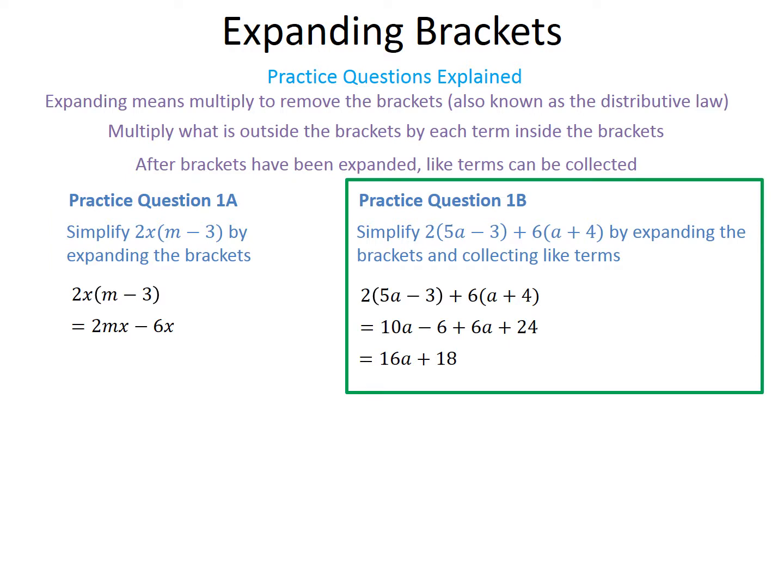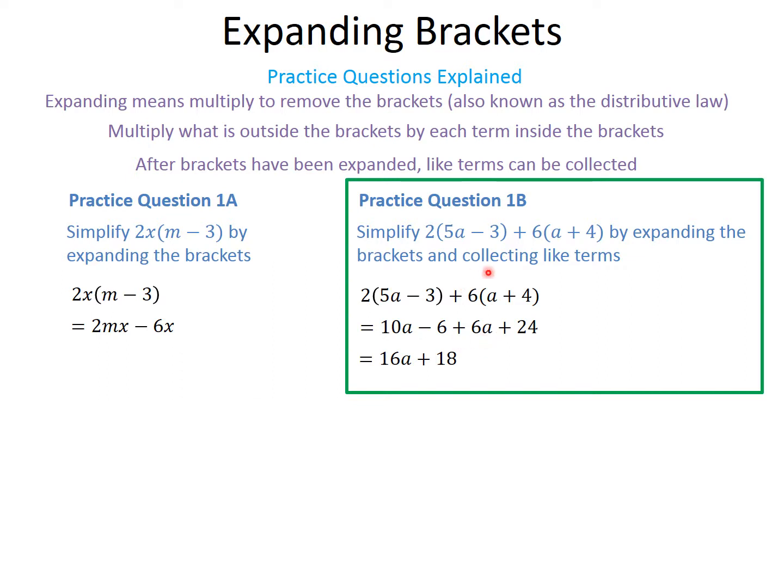And in the second one here, it was a bit bigger, but it's still just that same process. I wrote the whole expression down, and then I went 2 times 5a, wrote down the answer, 10a. 2 times negative 3, wrote down the answer of negative 6. Remember, didn't care that it's going to be a minus sign, I just wrote down negative 6. Then positive 6 times A is positive 6A. Just wrote down plus 6A.